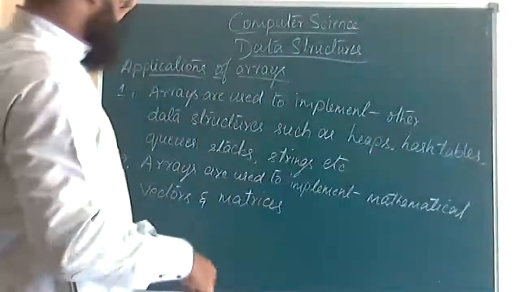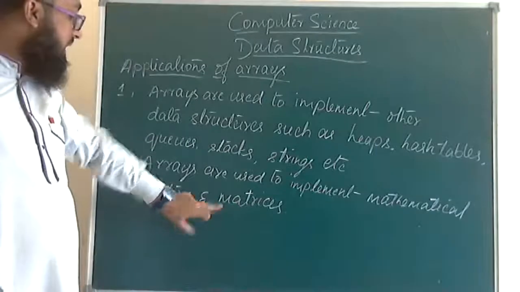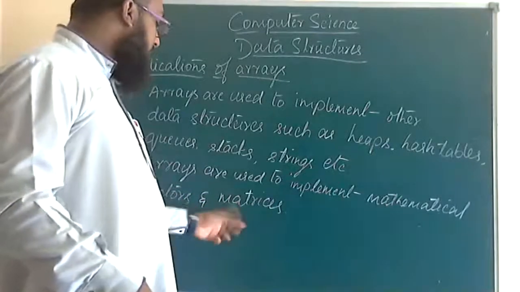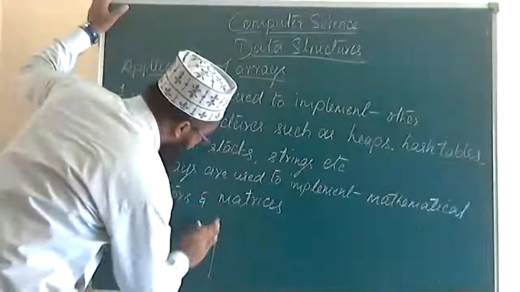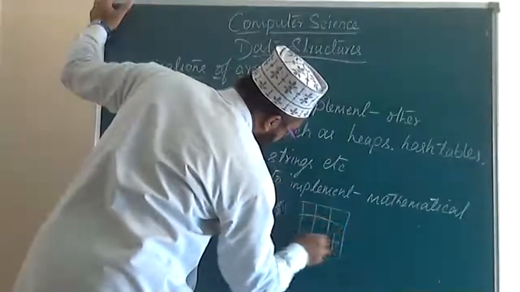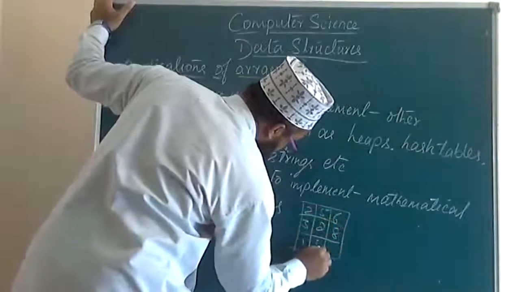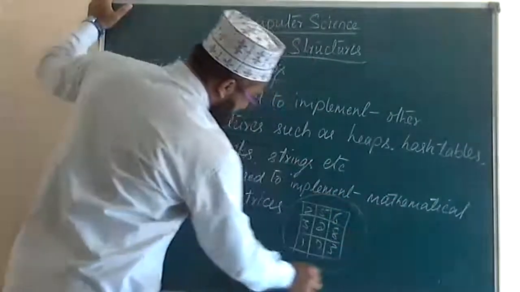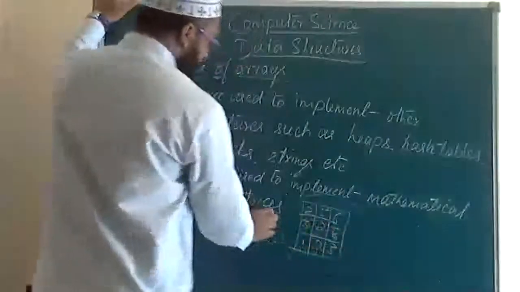Vectors and matrices are types of arithmetic in mathematics. Matrices are just like a two-dimensional array. Look, if this is a two-dimensional array which has some elements, this type of entries we can call matrices.